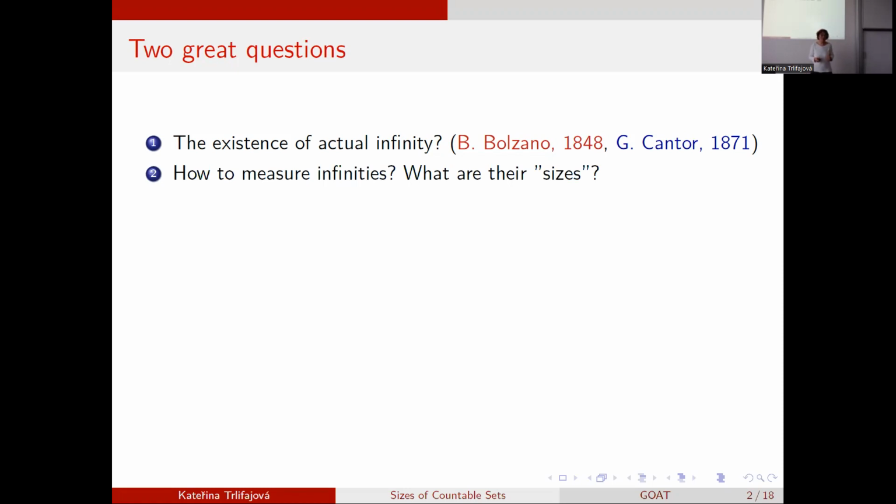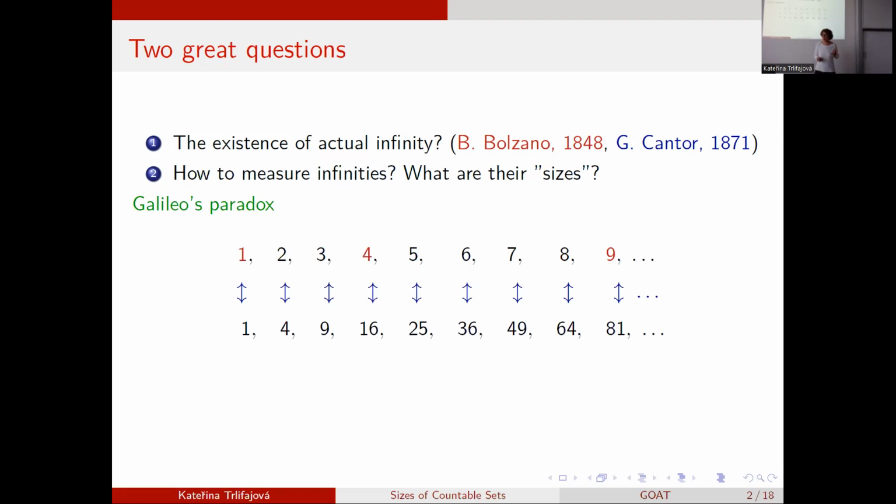What are their sizes? The problem of measuring infinities and comparing their sizes is maybe best illustrated by the famous Galileo's paradox. We compare the size of all natural numbers and of all of their squares, their second powers.